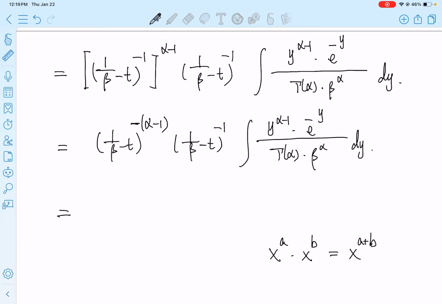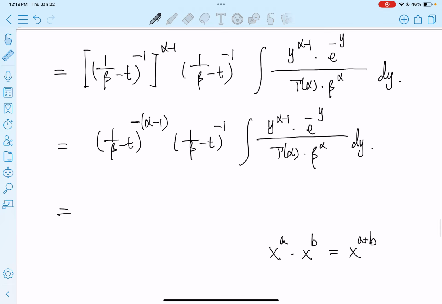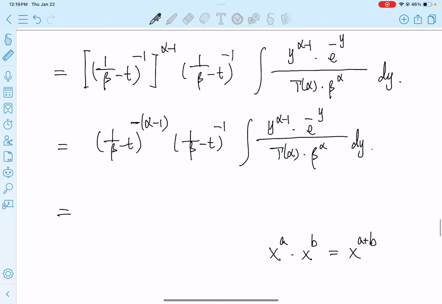dy. Okay, so all I did here is that I bring the -1 multiplying by alpha minus 1. So we have that. But noticing that if the base is the same but the power is different, when you multiply them together, it's just by adding them. But here, this is 1 minus alpha, but when you're adding the -1, you will also have a -1. Then that will give you 1 over beta minus a t altogether just raised to the power of negative alpha.